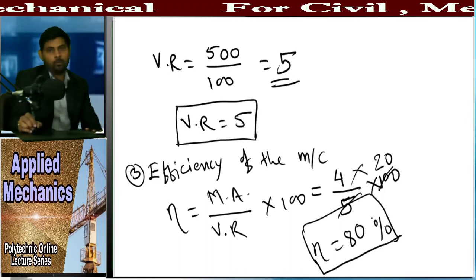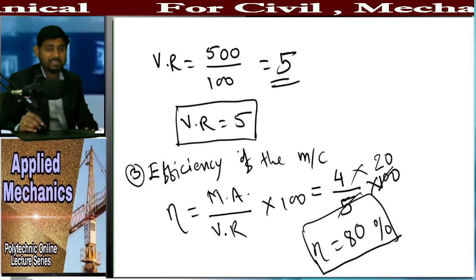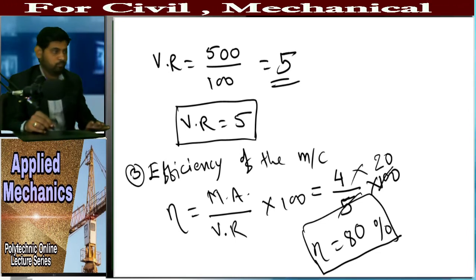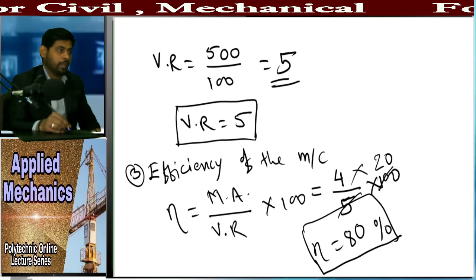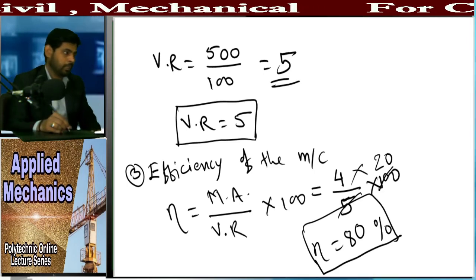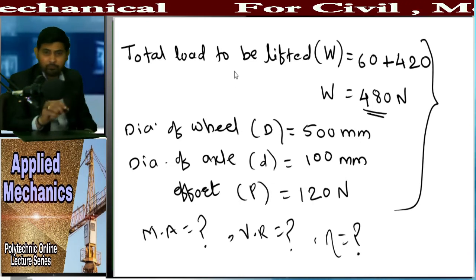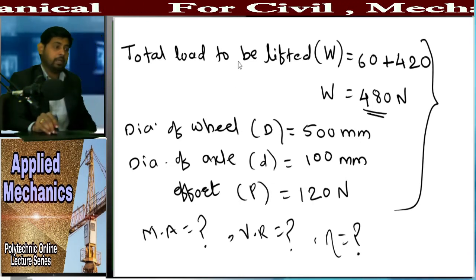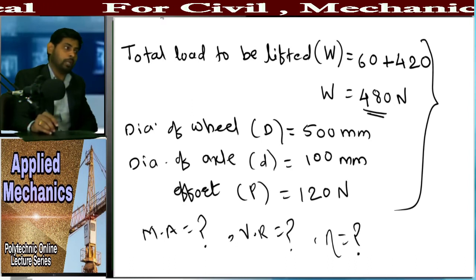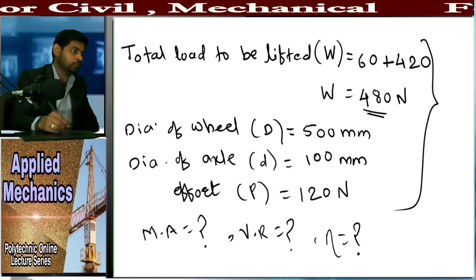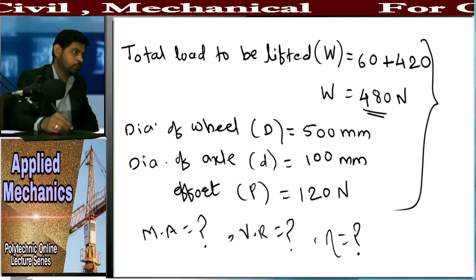Now see here what is the difference between the previous problem and this problem. When we were solving the previous problems, we took the velocity ratio.